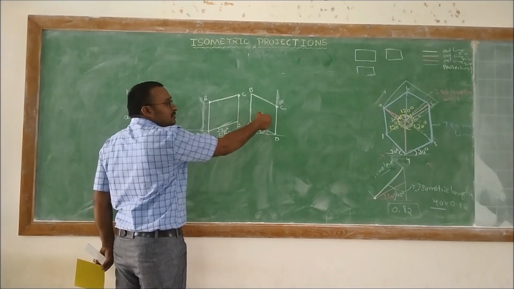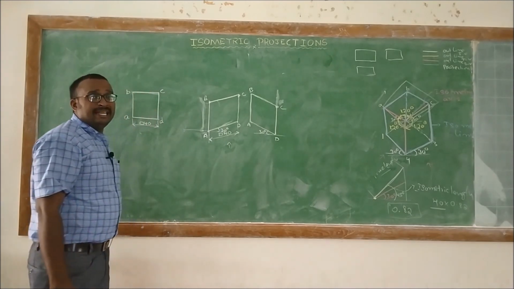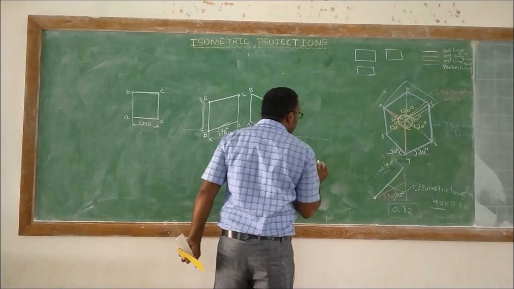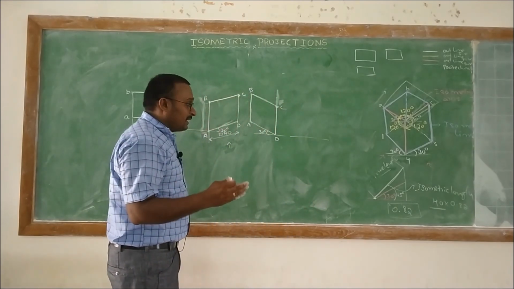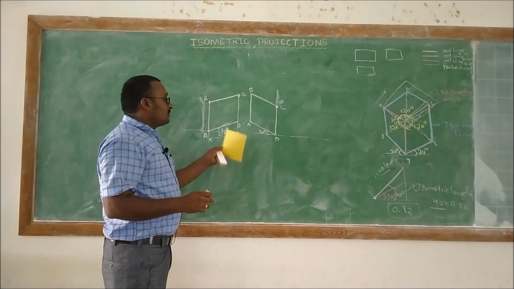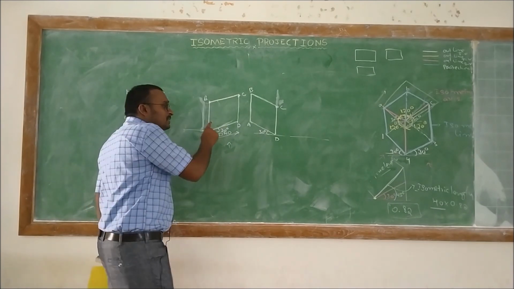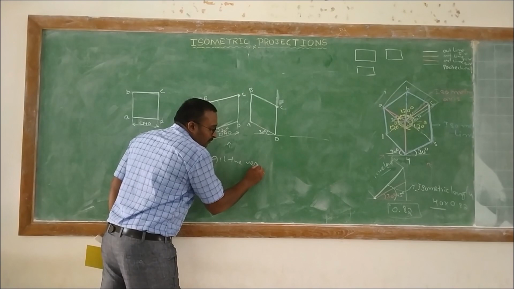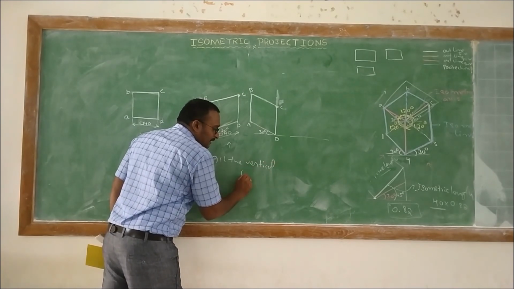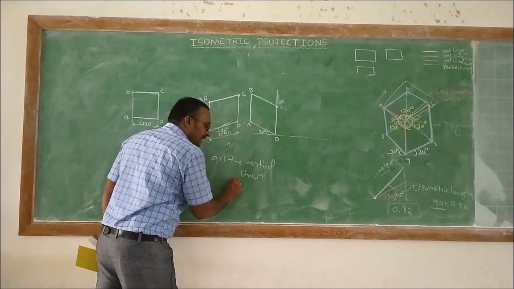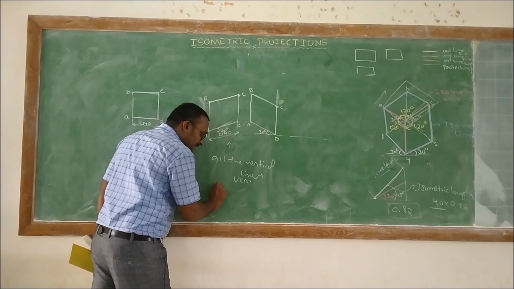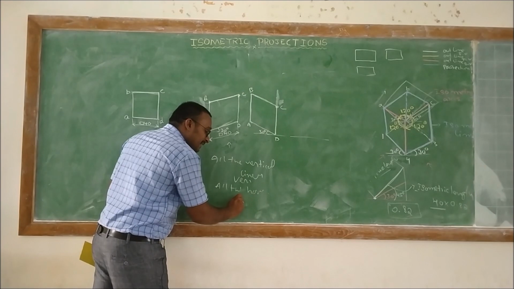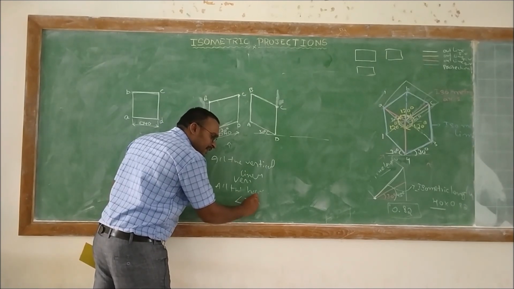So this is the front view and side view. Whenever we draw the top view, the top view rules completely differ from the front view and side view. In front view and side view, all the vertical lines should be vertical, right? All the horizontal lines should be inclined at an angle of 30 degrees to the ground.